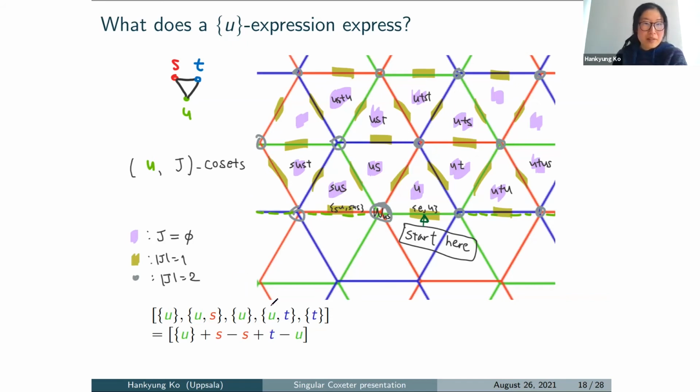Okay, so in this picture, we have U expression. This means you start with U, and we have U, comma, U coset. That's the smallest, and that is this one. So that's where we start.